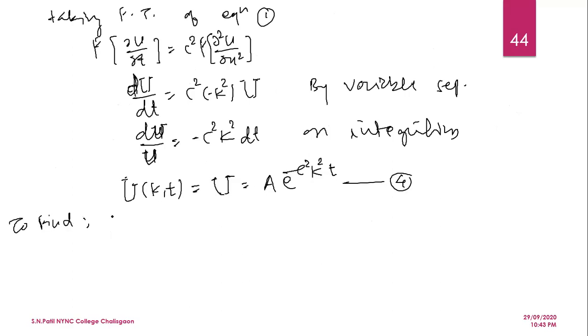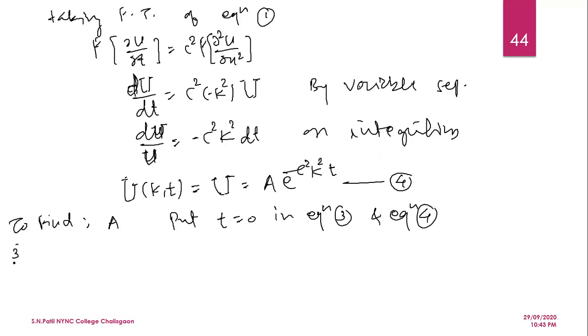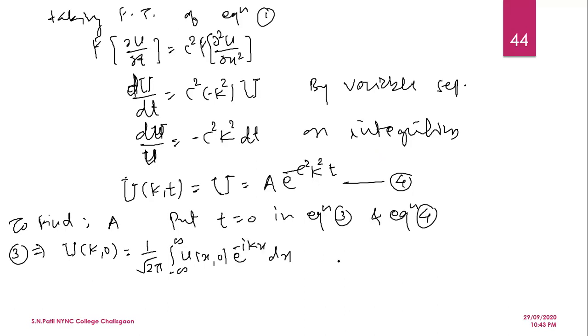Now find the integration constant A. For that, put t is equal to 0 in equation number 3 and in equation number 4. The left hand side of both is capital U. So first we solve 3. Capital U of k comma 0, putting t is equal to 0, is 1 upon under root 2 pi, integral from minus infinity to plus infinity of u of x comma 0 e raised to minus ikx with respect to x.